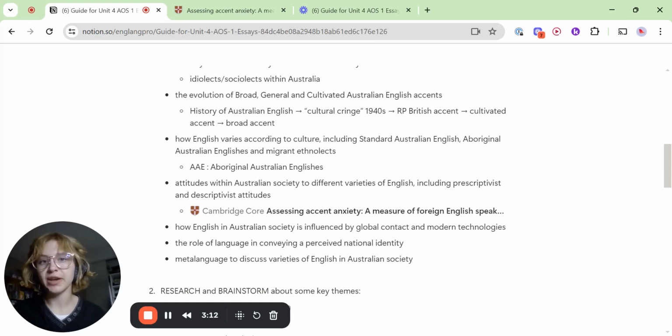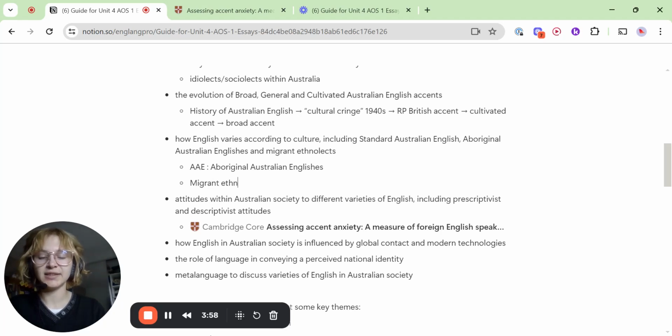So you're not expected to be able to pick up what sort of language group originally led to this particular Aboriginal Australian English, but it is worthwhile finding specific examples of something that could be attributed to Aboriginal Australian English. So just like an ethnolect, it's a mix of Aboriginal words, or is used by Aboriginal people, just as culture affects language. Same thing will happen with Aboriginal Englishes. So there are certain features in different forms of Aboriginal Englishes that are not in standard Australian English that are worth bringing into your exam.